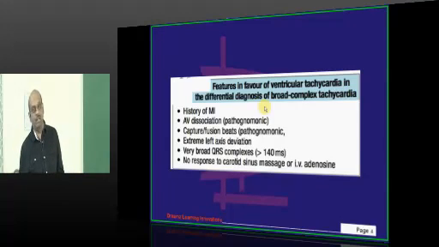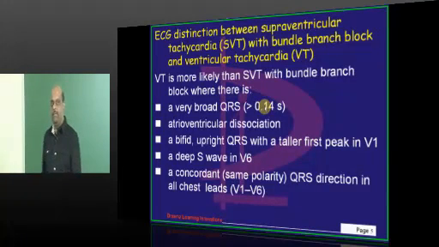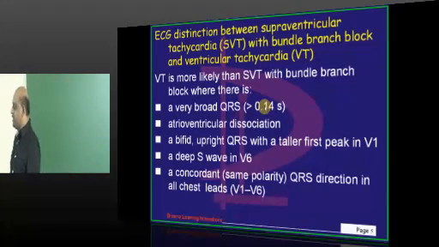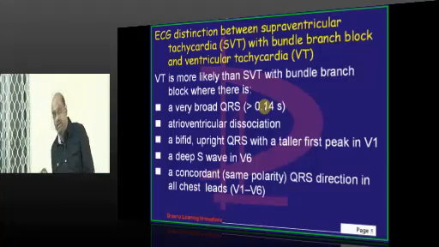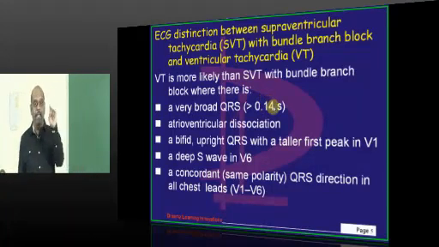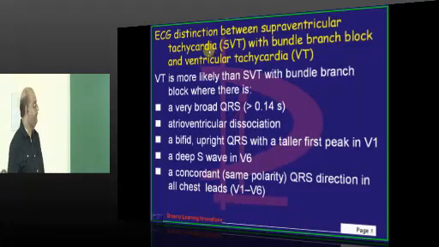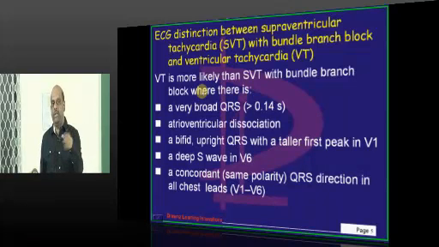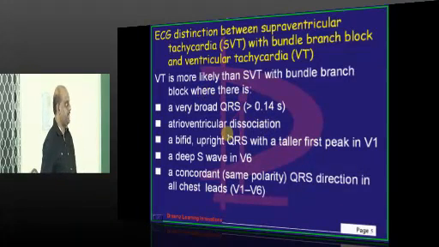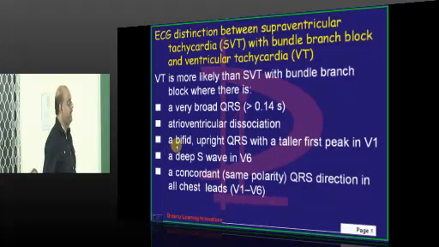There are some clinical clues. Then ECG wise, quickly tell me, what are the clues that will point the finger towards VT versus SVT? VT is more likely if, first, look at QRS, more than 0.14 seconds. AV dissociation, it is more likely to be VT.